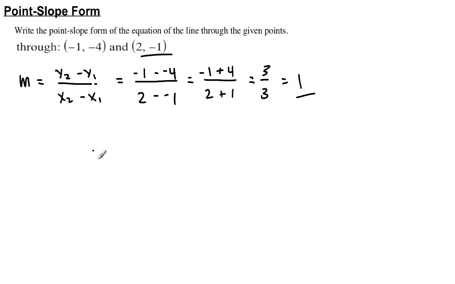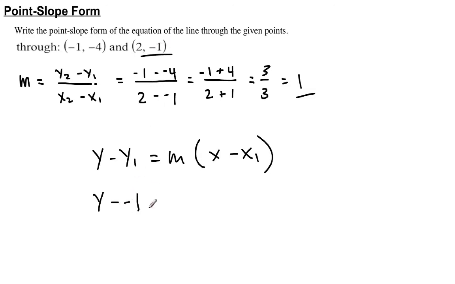So it's going to look like this. Y minus y1 is equal to m times x minus x1. Okay, let's use this point here. So we'll say y minus, and then our y coordinate here is -1.